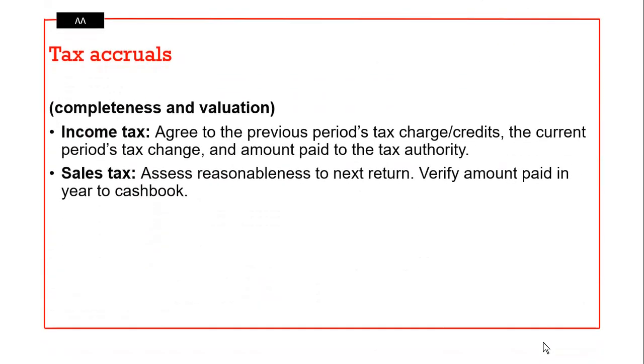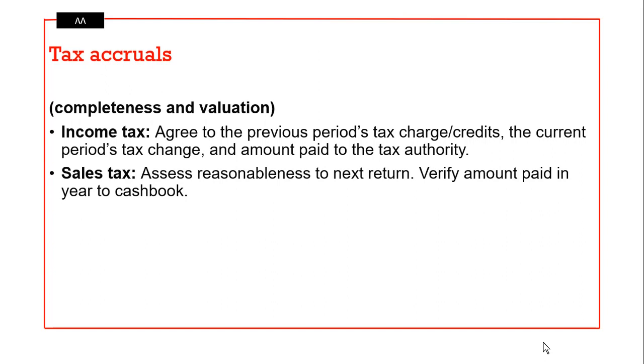All right. The tax accrual itself. You need to do some work on the provision for income tax there. You need to ensure that the income tax in this respect is correctly calculated. And how do you do that?